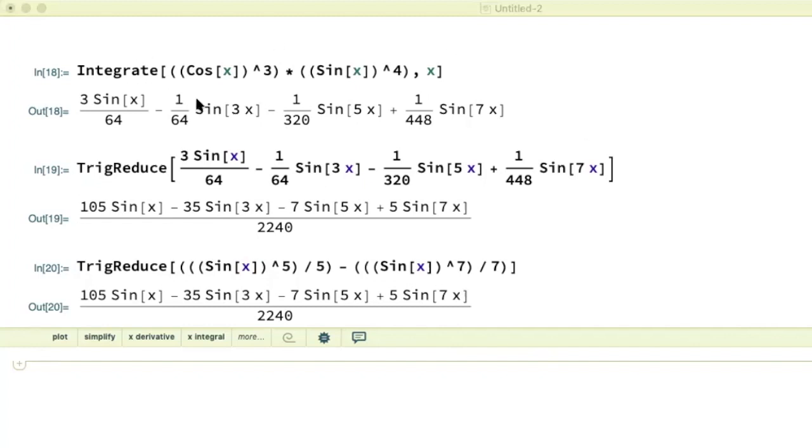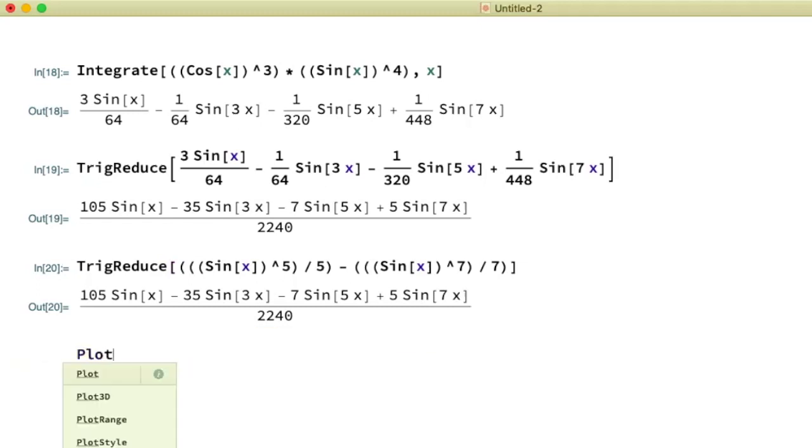This is where you have to be careful because if you use Mathematica, you may get one answer and it may resemble nothing like the answer in the back of a textbook, for instance. So trig reduce is one way to confirm whether or not you integrated properly. Another way that you can accomplish the same thing is to look at the graphs of the two statements that you're wondering if they're equivalent.